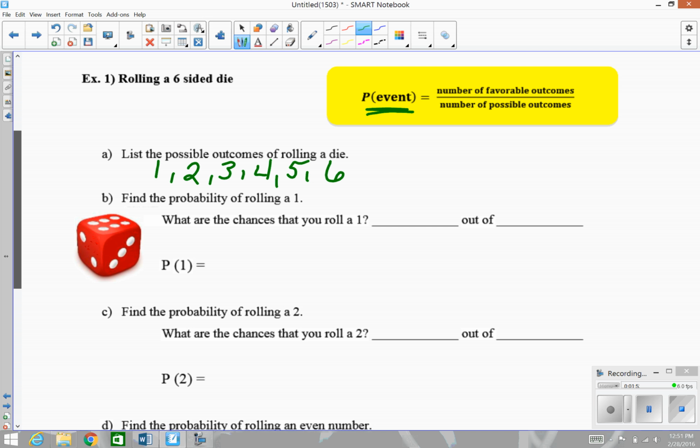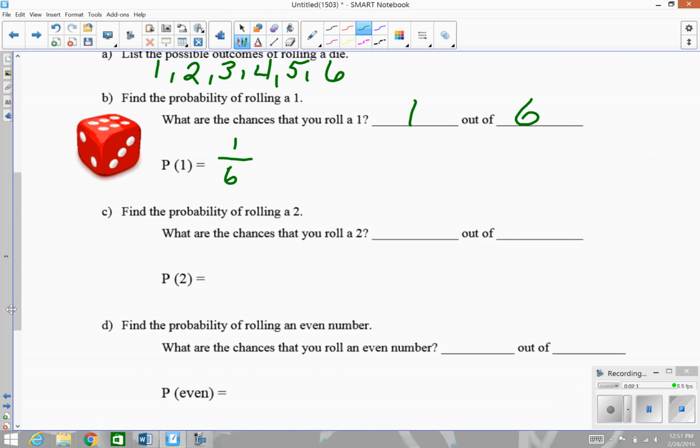So find the probability of rolling a 1. What are the chances that you could roll a 1? Well, there's one out of 6 possible numbers. So when we're asked to find the probability of rolling a 1, we say that our chances are 1 out of a possible 6.